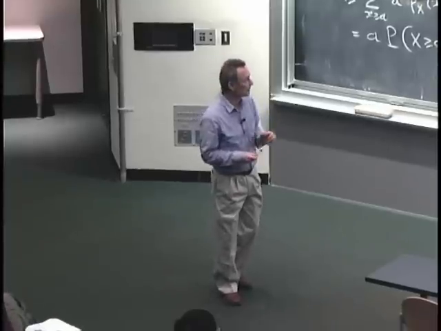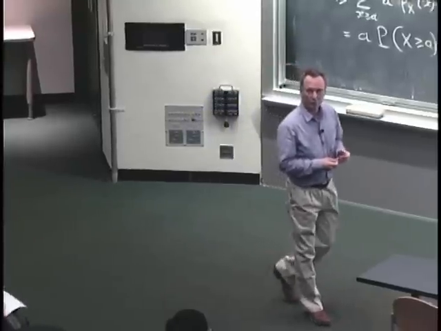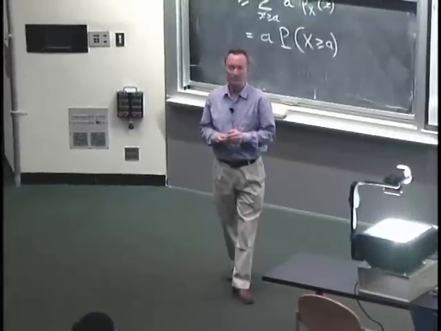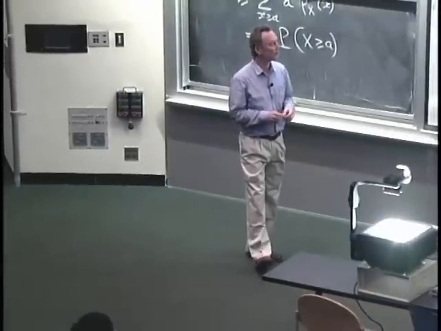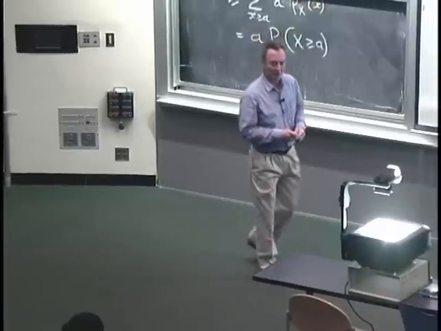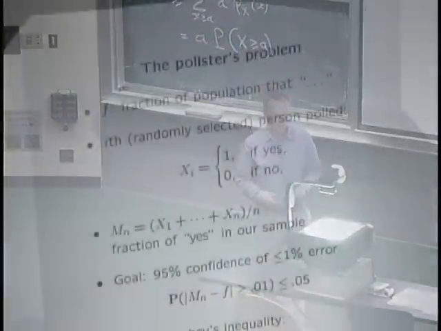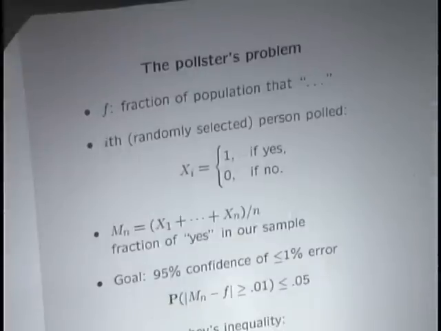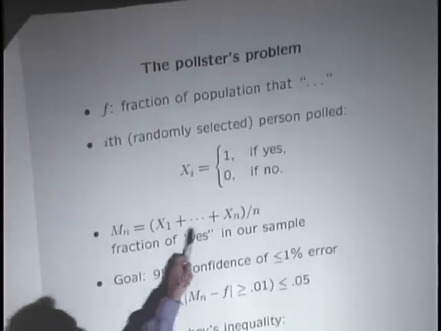We cannot ask everyone. What we're going to do is to take a random sample of people and ask them for their preferences. So the ith person either says yes for Coke or no, and we record that by putting a 1 each time that we get a yes answer. And then we form the average of these x's.